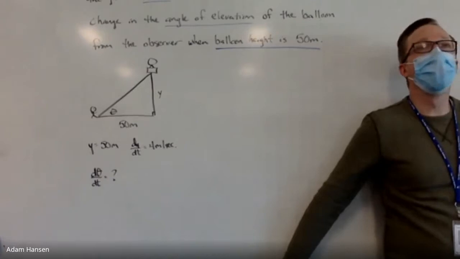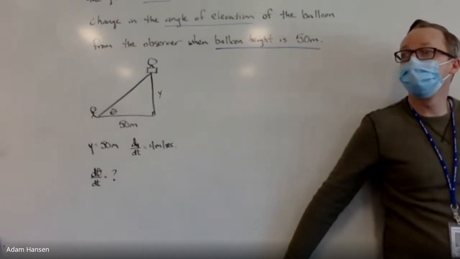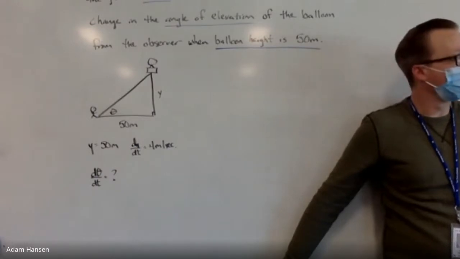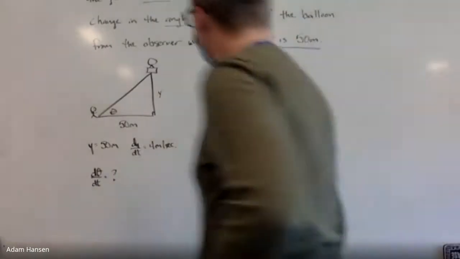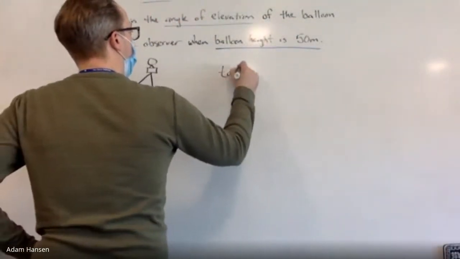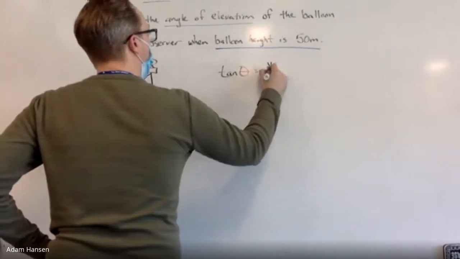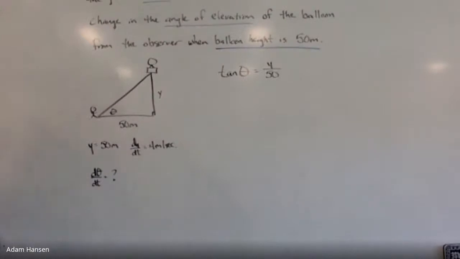Which trig ratio relates angle theta with the two sides I have labeled? Tangent. Tangent of theta equals opposite over adjacent. So tangent theta equals y over 50. There's the equation I'm going to have to differentiate.